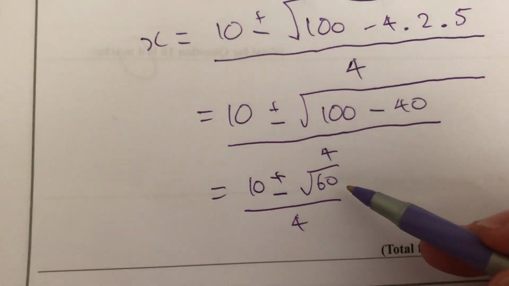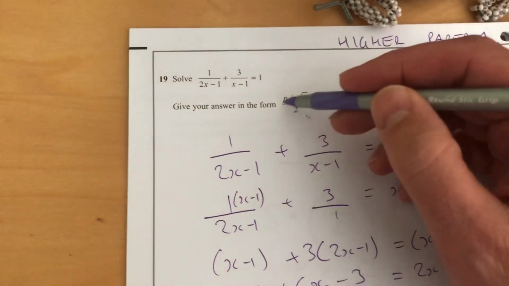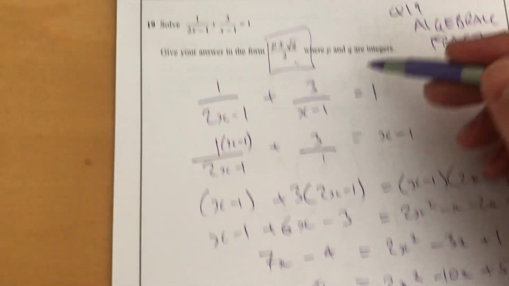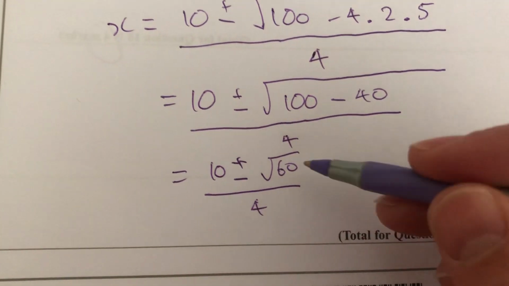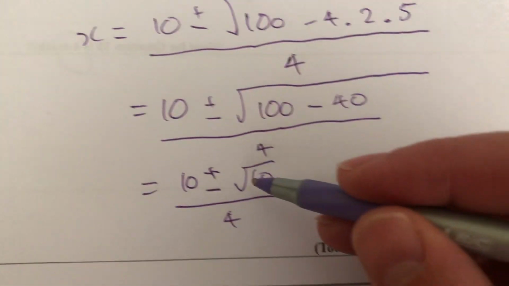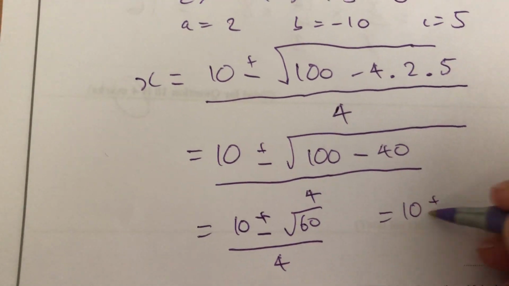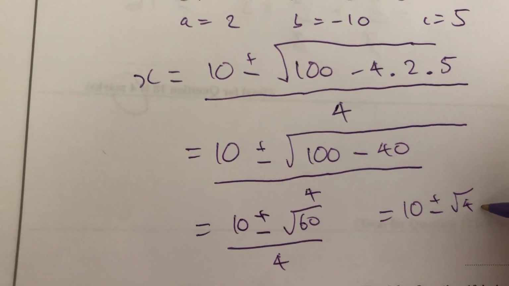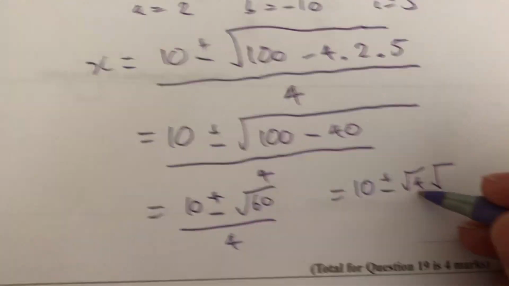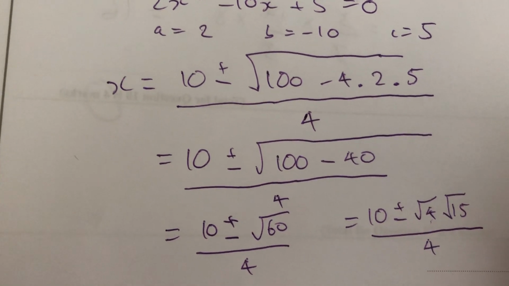Now, we know we're going to end up with a surd. We know from the answer there's going to be a p and a q, which are integers, so I'm not expecting to simplify that too much further, but I would like to factorize out a 2. So 2 would only work if I had a square root of 4. So let's do 10 plus or minus root 4 using our surd rules. 4 times what is 60? It's 15, all over 4.